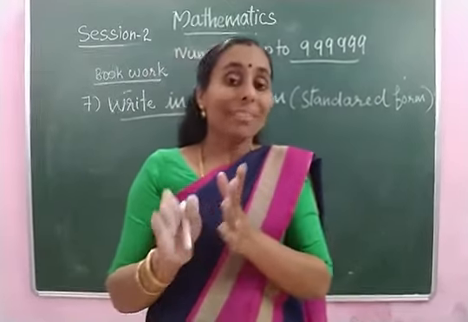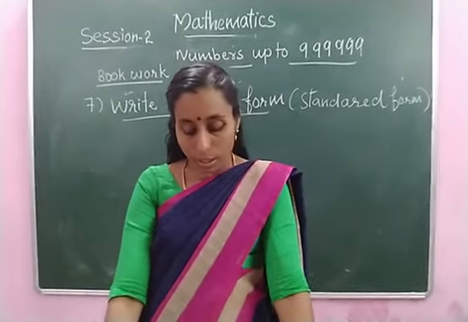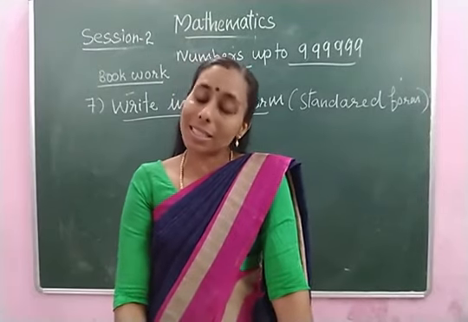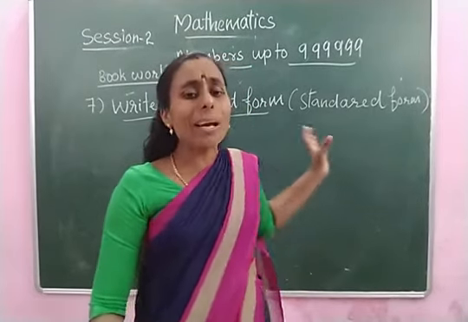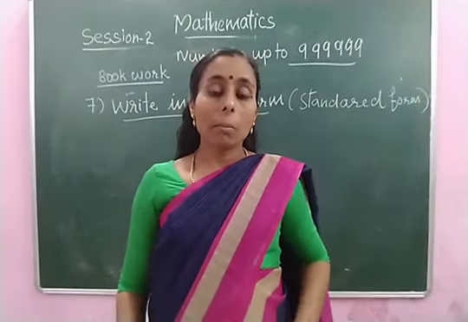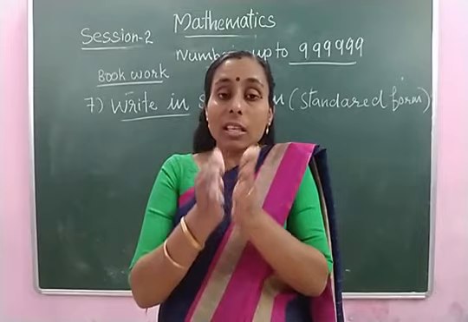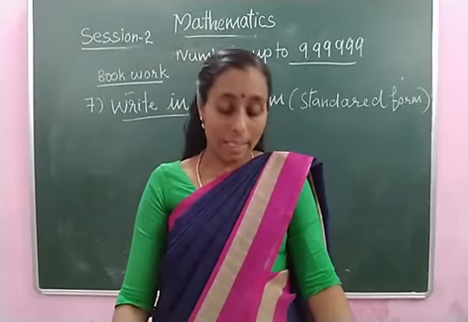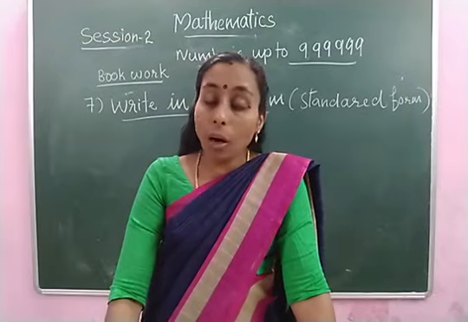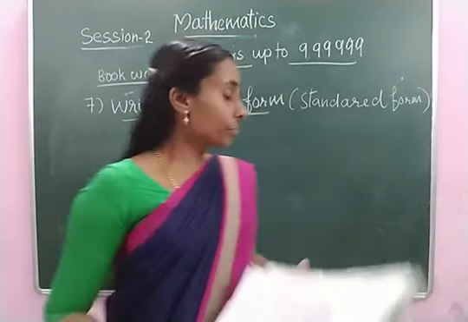Standard form is a way of writing very large or small numbers easily. In standard form we write the numbers in a small, simple way. That is called standard form or short form.